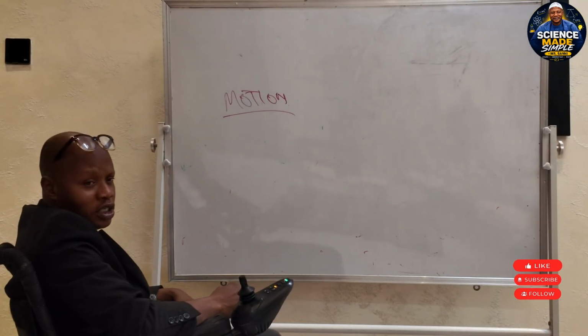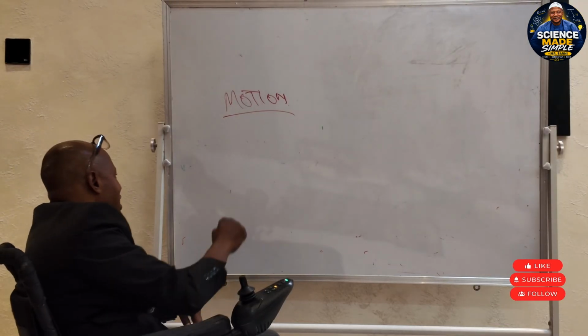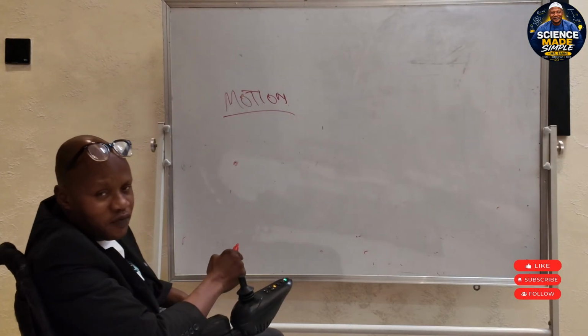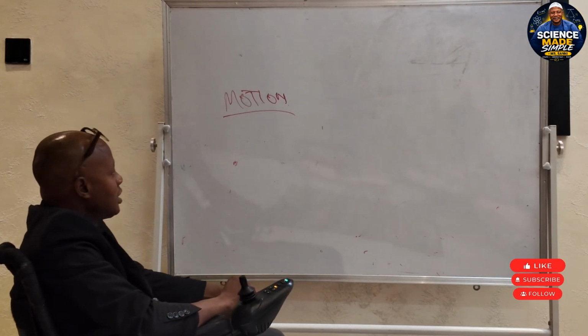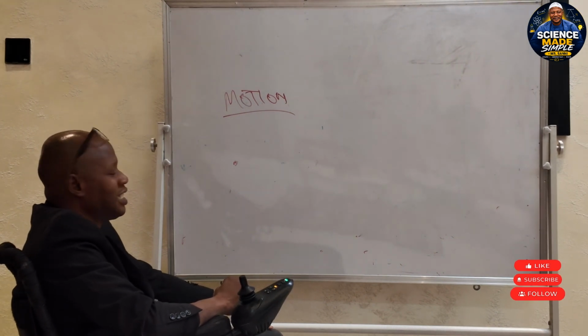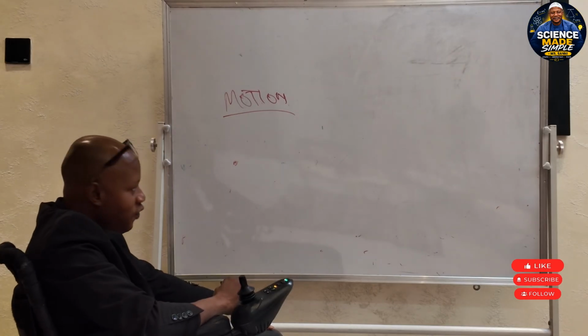According to Newton's first law of motion, every object will be in a state of rest or at a uniform velocity unless it is being acted upon by an external force.